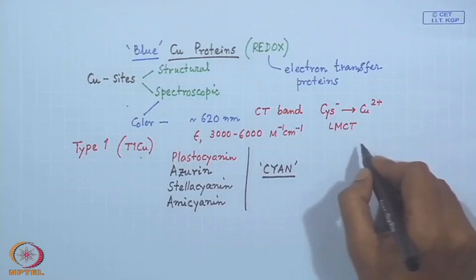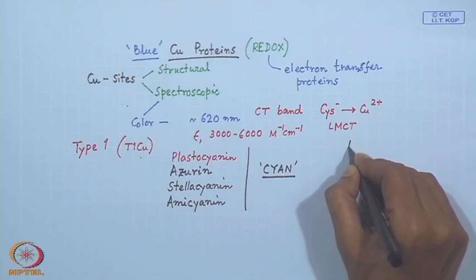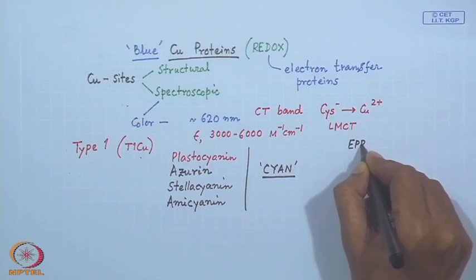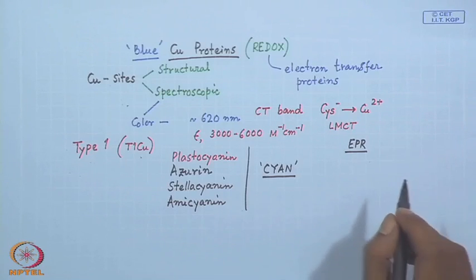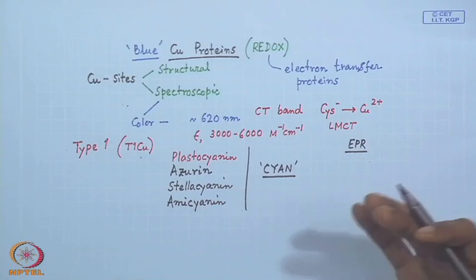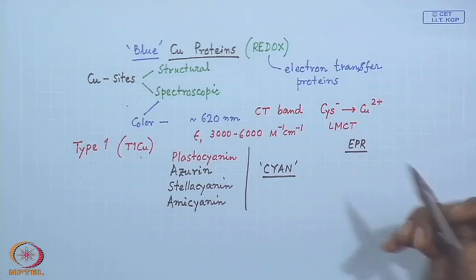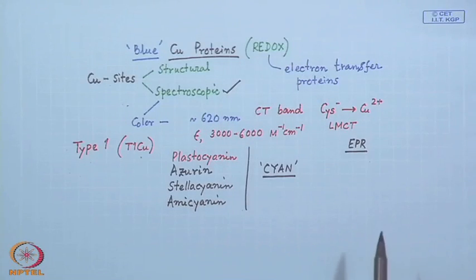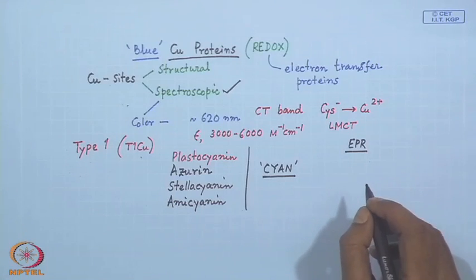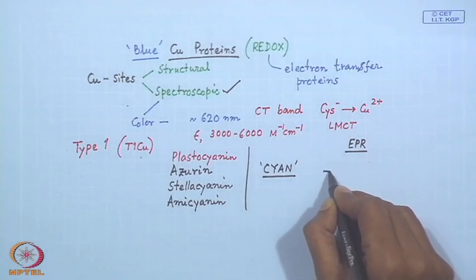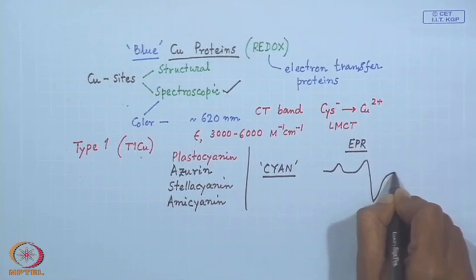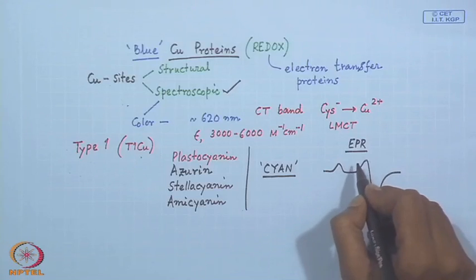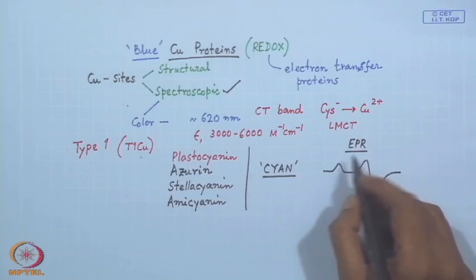And another spectroscopic signature is your EPR, because sometimes it is very difficult to identify the metal center first and what the corresponding environment around the metal is. So, EPR is the second piece of information which can supplement your spectroscopic characterization. These are a typical type of EPR spectra, and sometimes we get the hyperfine splitting for the copper center.